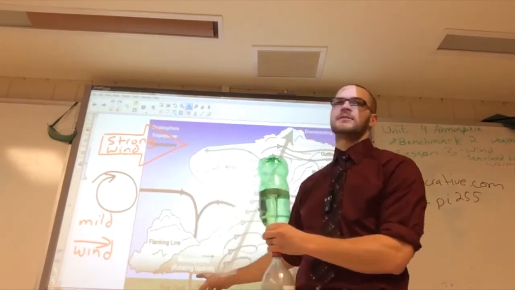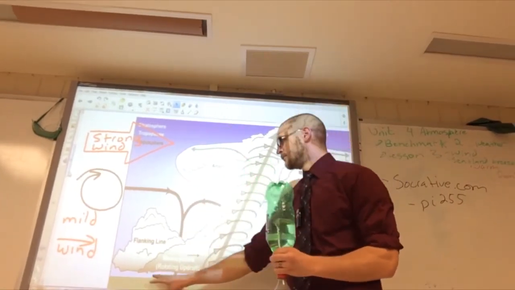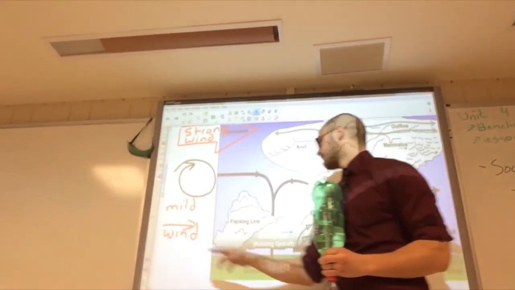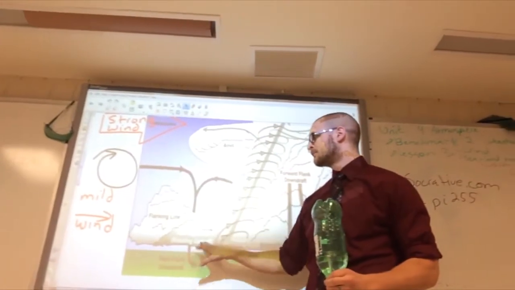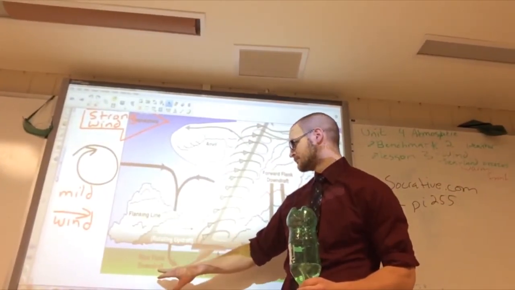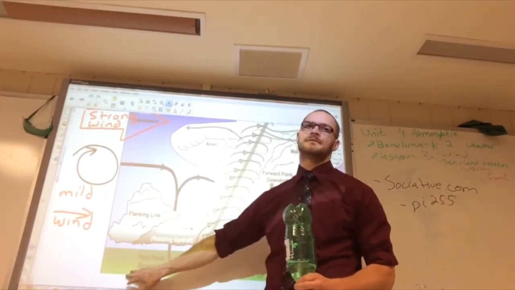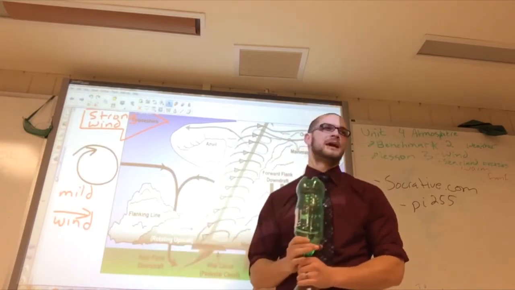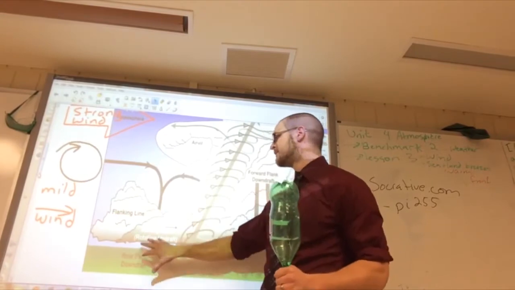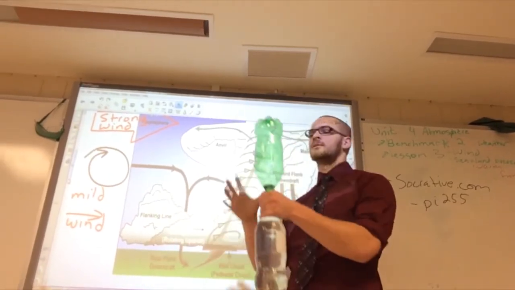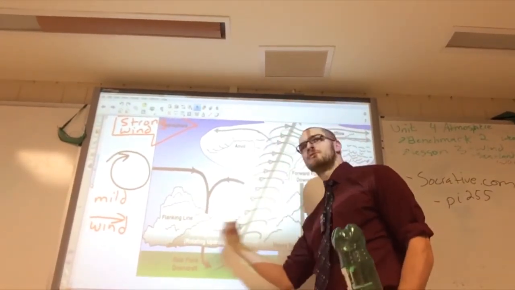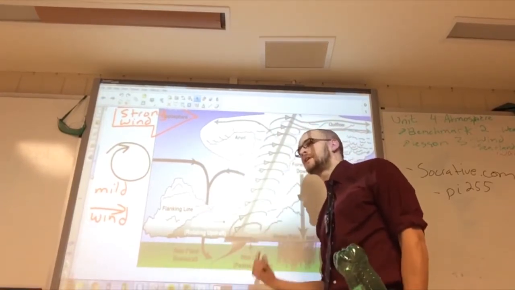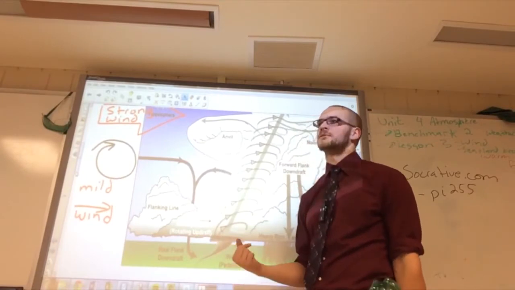The last thing that has to happen, you'll notice in this picture, there's something like a rear flank downdraft. And what they think happens, the best idea that we have, like no one's totally sure, is that some sort of downdraft ends up pulling that rotation down to Earth, or basically pushing that rotation energy down to Earth, and that's what looks like a tornado.